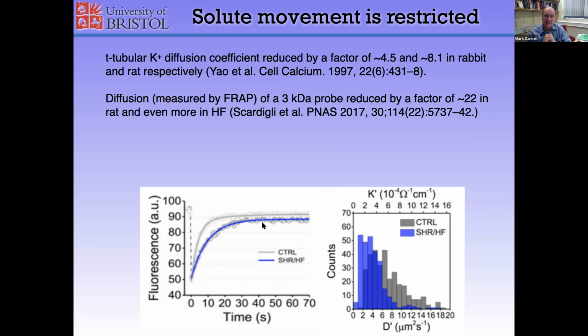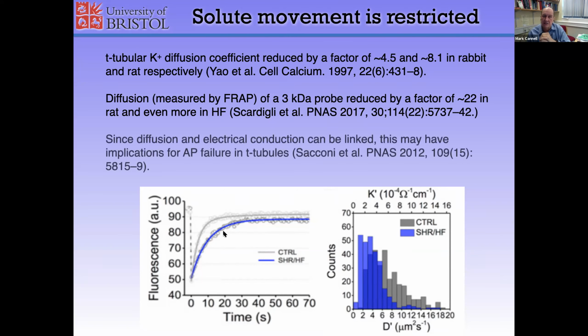What's interesting about these experiments by Scardigli and Sacconi's group is that they saw that in heart failure, there was more restricted diffusion in the t-tubules. Well, clearly, this has potential implications for solute exchange, and also because the electrical signals are related to the free movement of solutes, such as potassium in the T system.